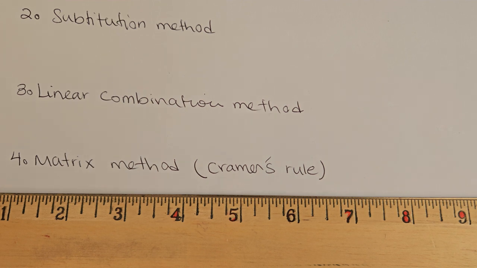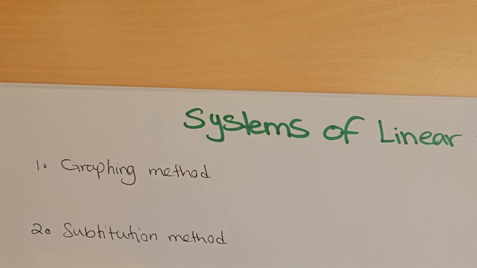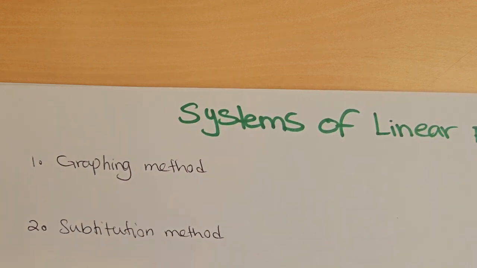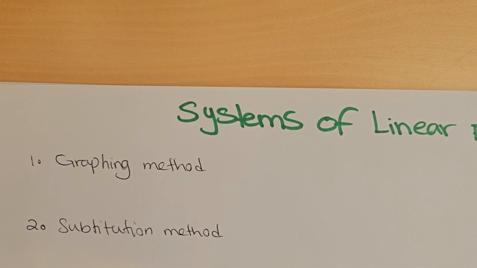If the question doesn't specify which method to use, you can use any of these, unless they ask you specifically to use one of these methods. Now let's do one practice question on each of these methods.